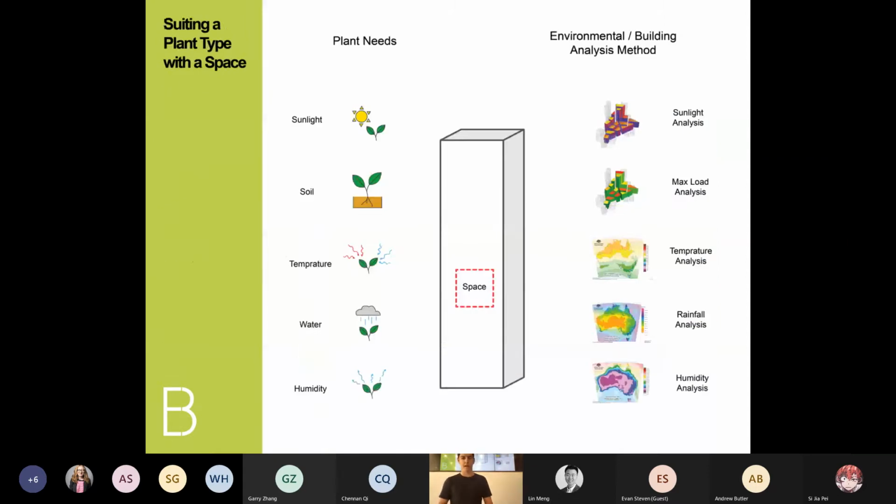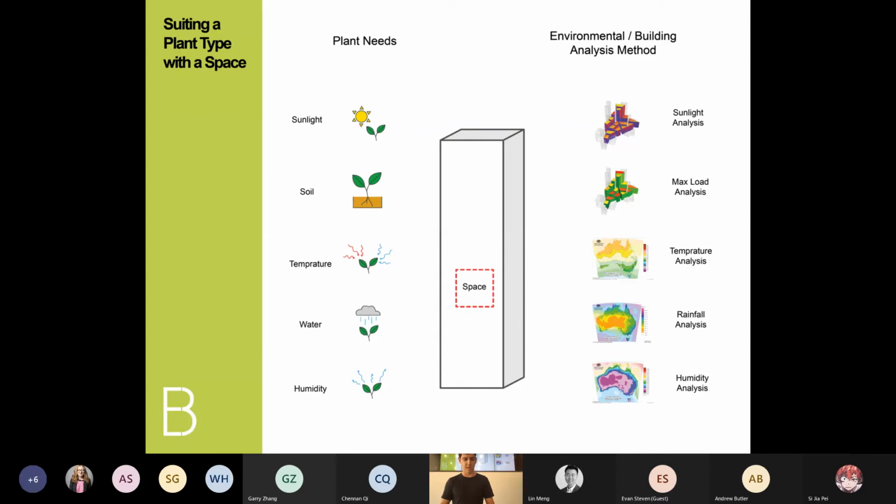So how do we figure out what type of plant should grow on a specific space on an urban site using this data? Well, plants have needs, and depending on the type of plant, grow best at a certain amount of sunlight, soil, temperature, water, and humidity.